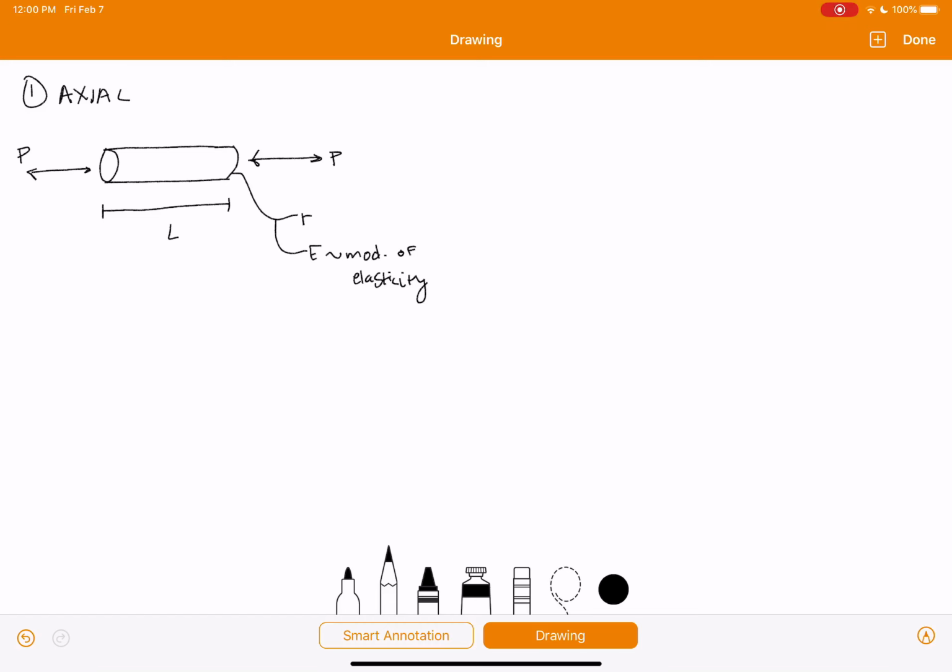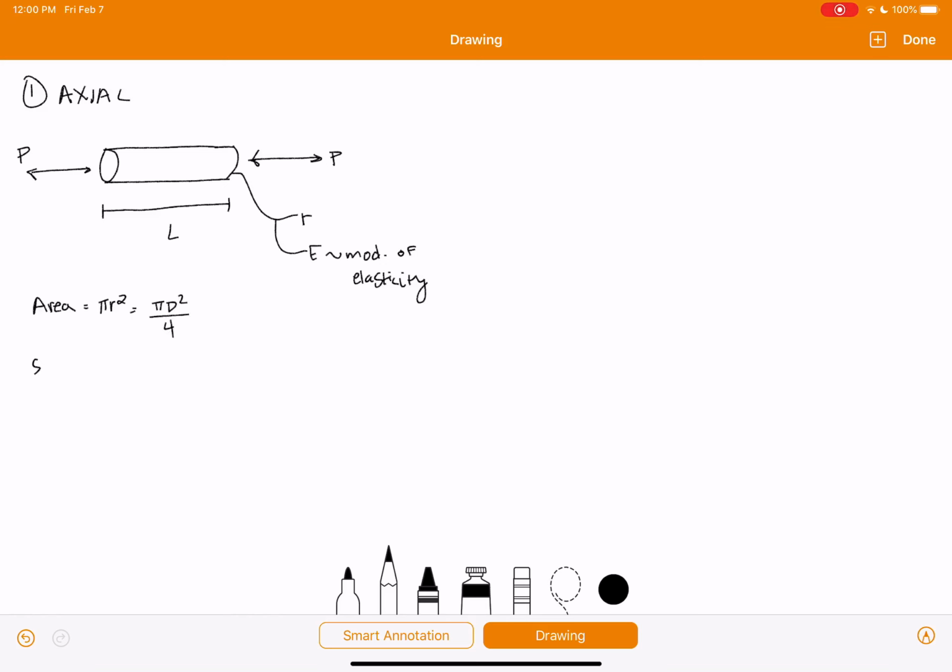All right, and then once you know all those properties or attributes about the material you're looking at, you can go ahead and find the cross-sectional area, which if you have a circular rod is going to be pi r squared or pi d squared over 4.